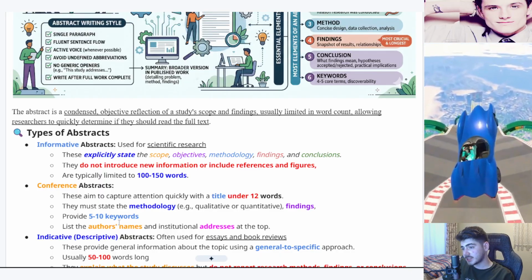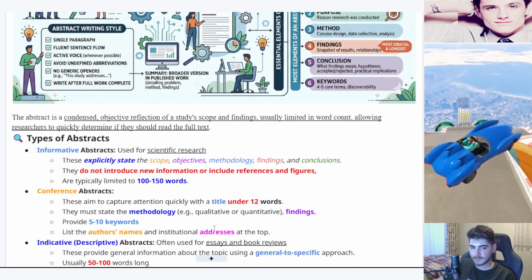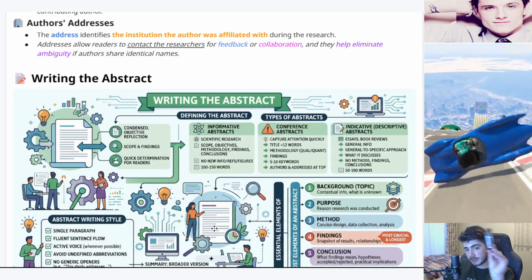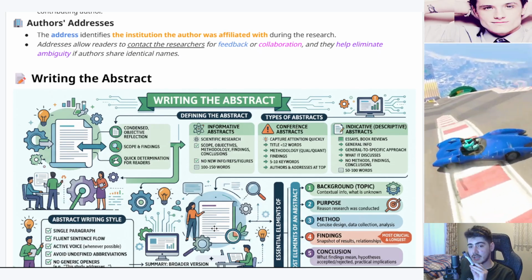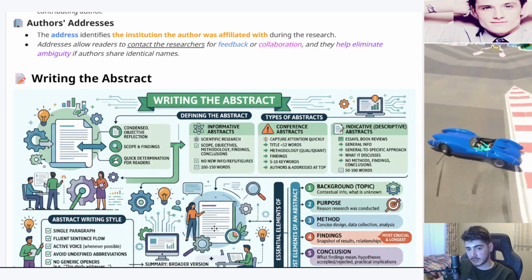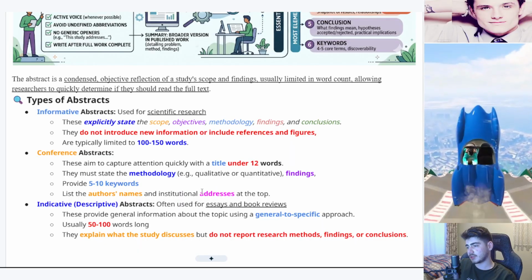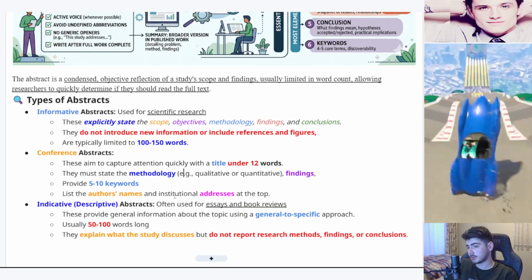And you must list the author's names and institutional addresses at the top. In the abstract, you have the title and then the authors and the addresses, because you're trying to get accepted into the conference, as I said. So you're trying to make it engaging and more likely for you to be accepted.